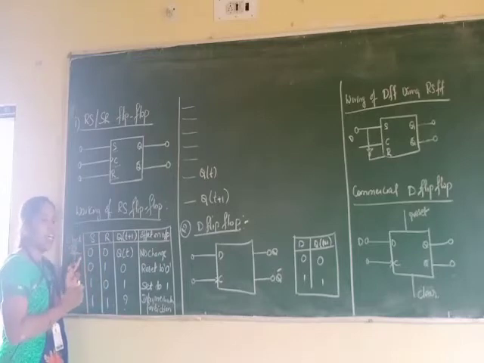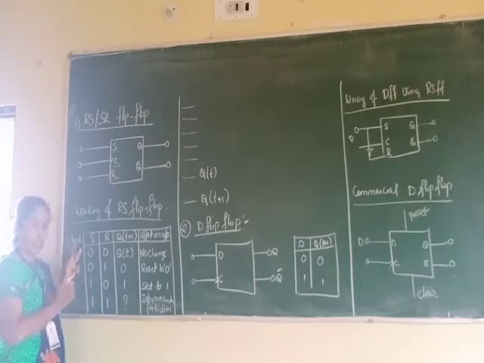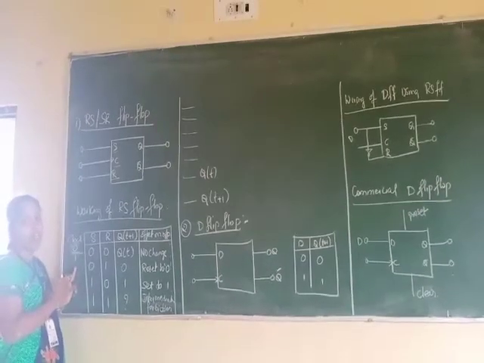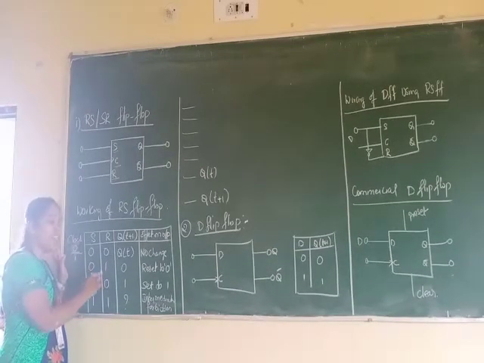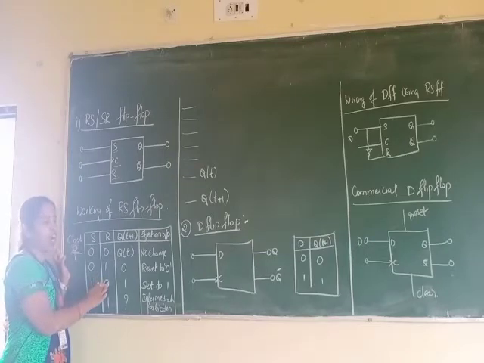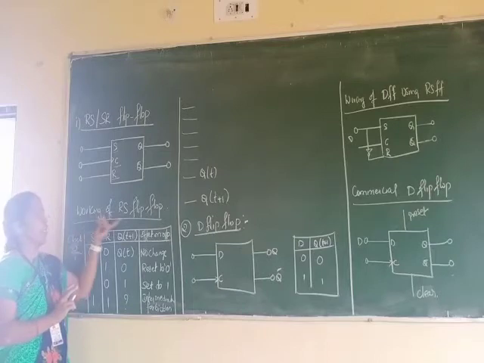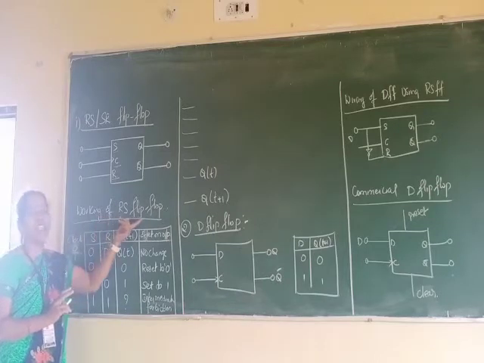But once the clock signal makes a positive transition from 0 to 1, then based on the combination of values of S and R, the output is going to change. These 2 points you have to write under the working of the RS flip-flop.